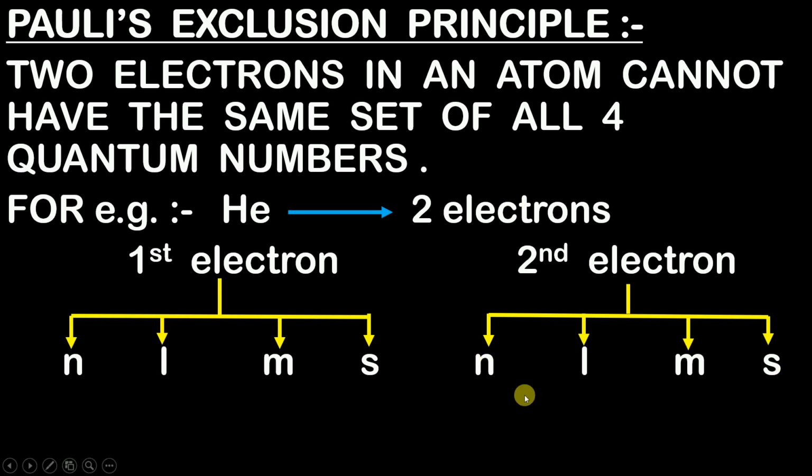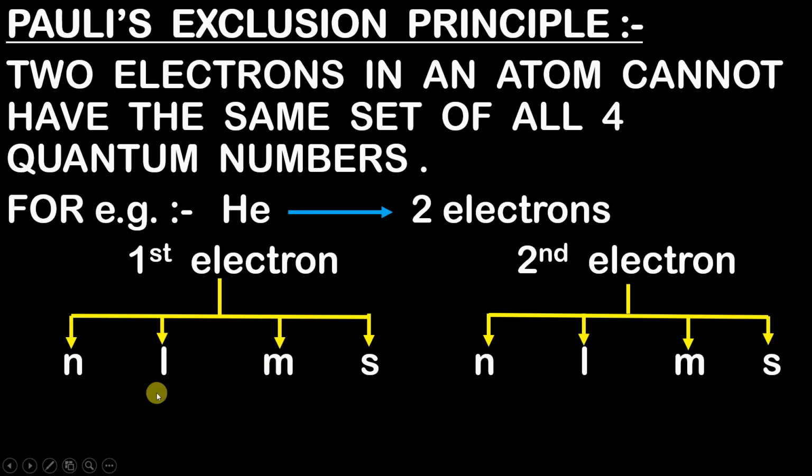If you want to represent an electron, we have to write its four quantum numbers. So the first electron has its four quantum numbers, and the second electron has its four quantum numbers. Now what Pauli told us was that the four quantum numbers of the first electron and the four quantum numbers of the second electron will not be the same.